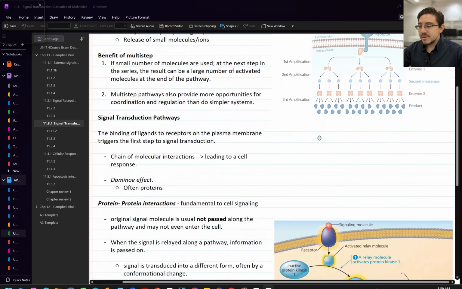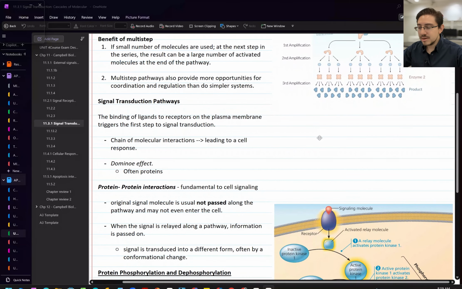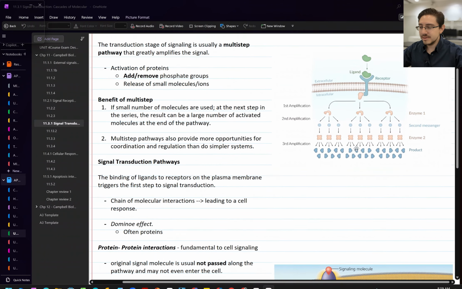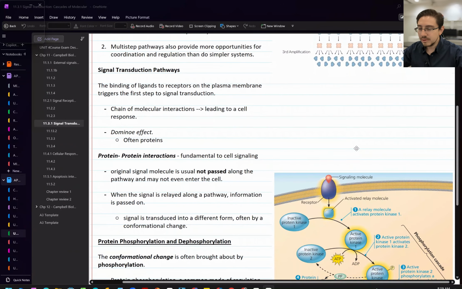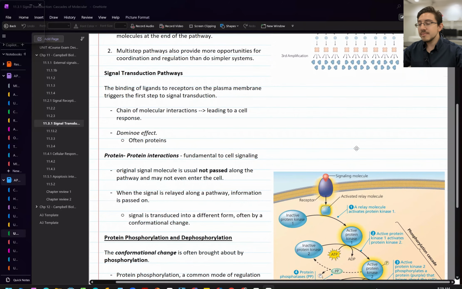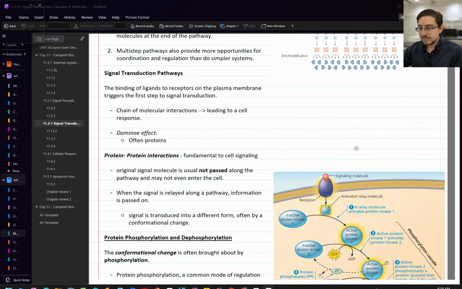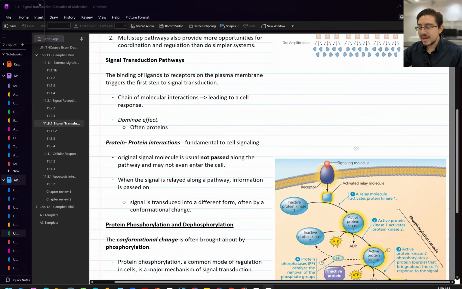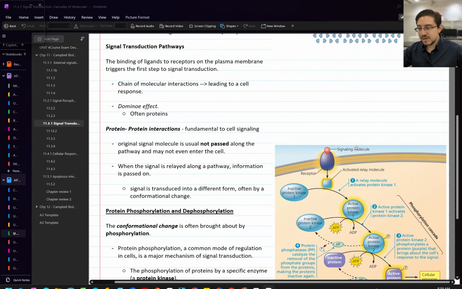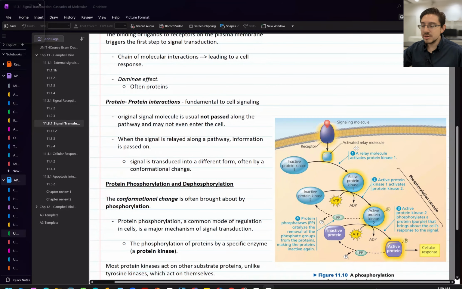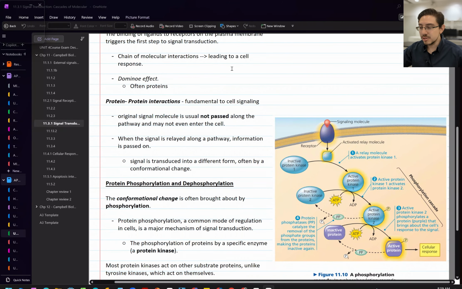Okay, so signal transduction pathways, getting more specific about what is happening now. This is the multi-step, and this overall layout is generally what happens. Let's get into more detail now. Like I mentioned before, it begins with the binding of a ligand to a receptor on the plasma membrane that will elicit a signal transduction, ultimately a chain of molecular interactions, so you can have a cellular response.